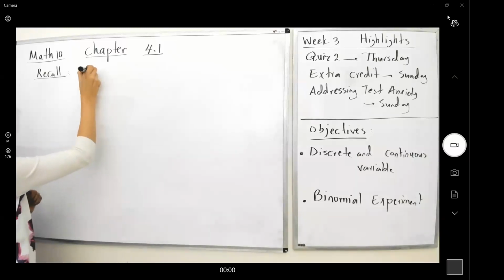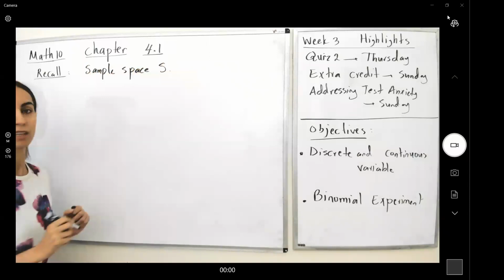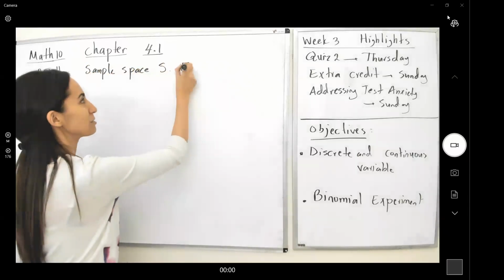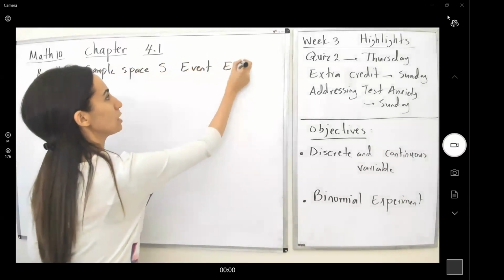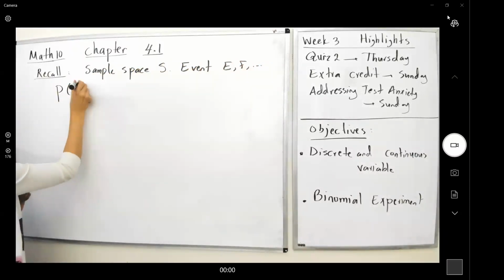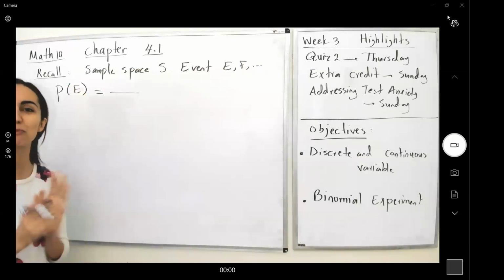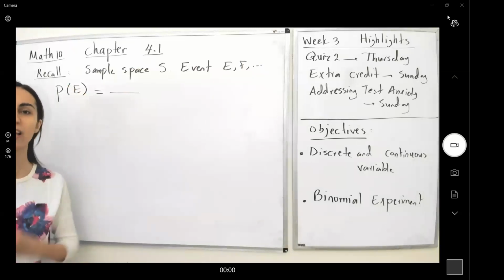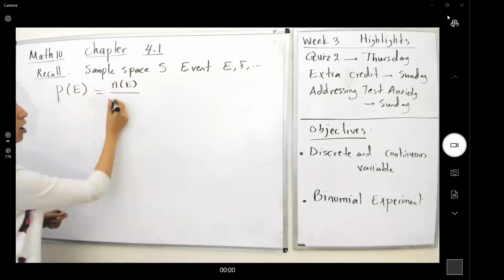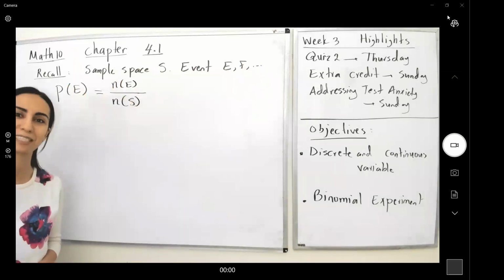We have a sample space like S. We can take some subsets of that sample space and define events like E, F, and so on, and we can find the probability of that event, which is equal to a fraction. On the numerator, we have the size or cardinality of that event, N of E. On the denominator, you have the cardinality or size of your sample space.